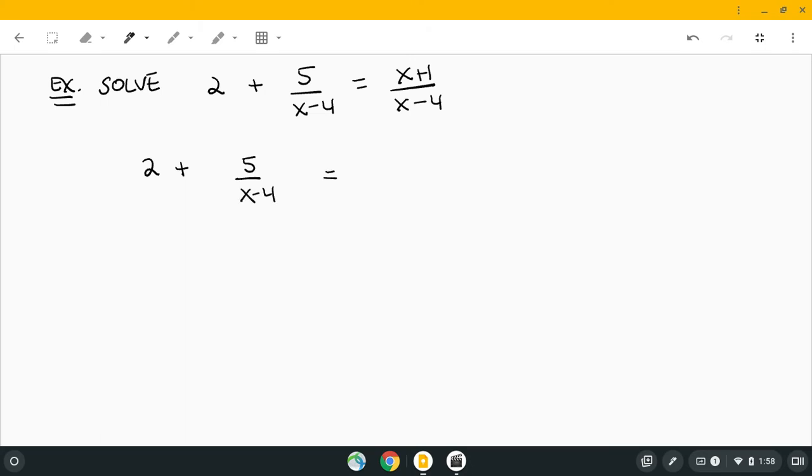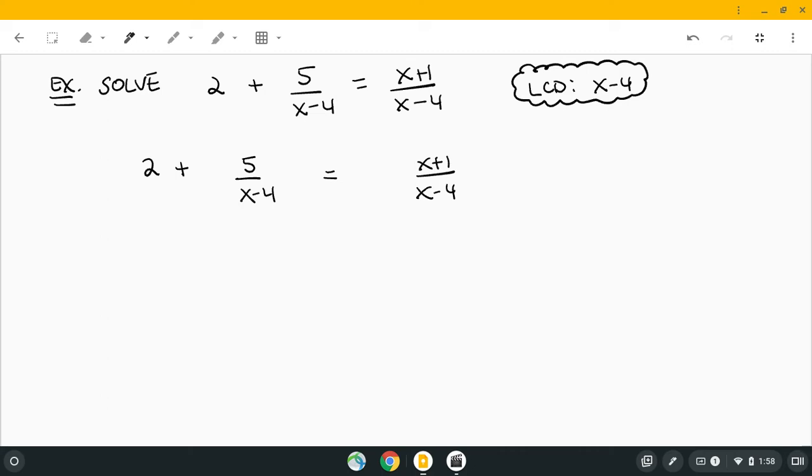I'm just going to leave room. I spaced this out because I know I'm going to be multiplying all the terms by the LCD. Here in this case, the LCD is x minus 4. So you can think of it as, what do I need to multiply by to cancel the denominators?